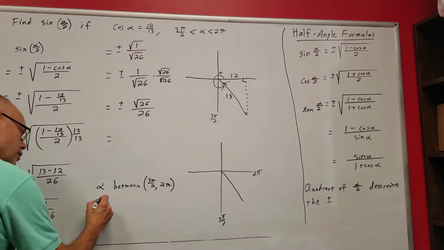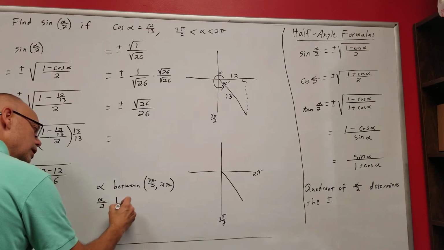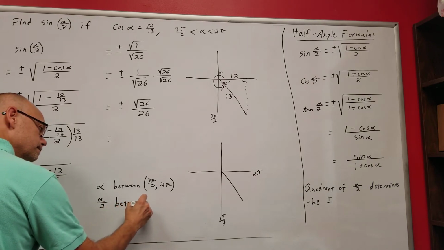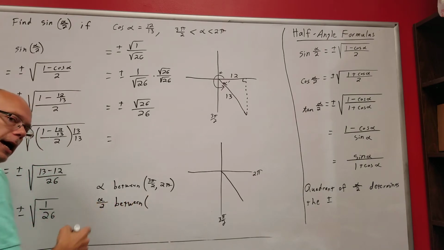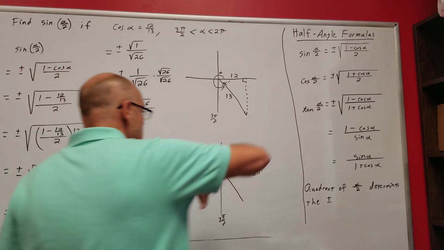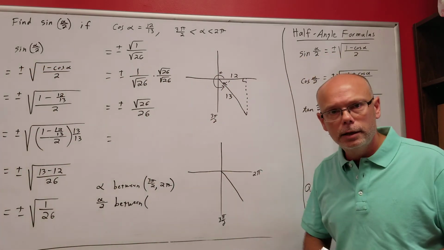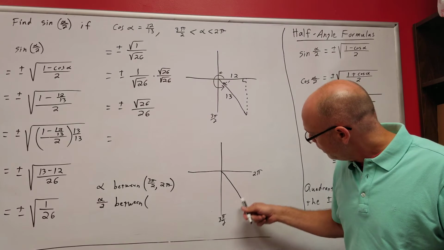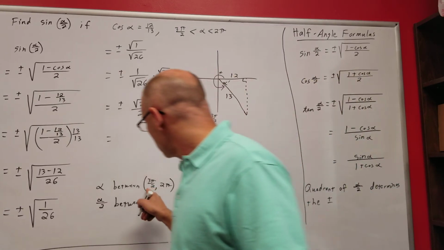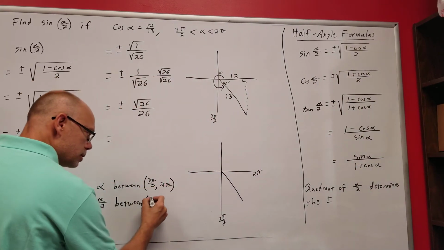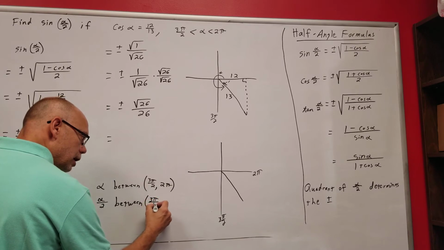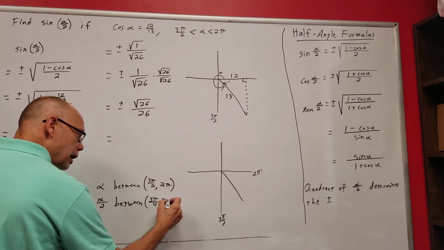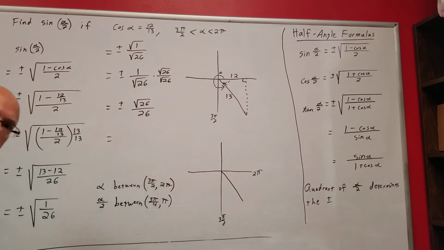So where would alpha over 2 be between? Alpha over 2 is half, right? So what is half of this angle right here? If it's between 3 pi over 2 and 2 pi, half of it would be between 3 pi over 4 and pi, right?